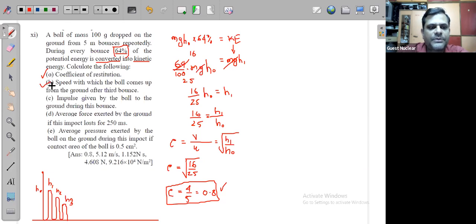Now the speed with which the ball comes up from the ground after the third bounce. We already derived the general formula for the speed after nth bounce. Remember?